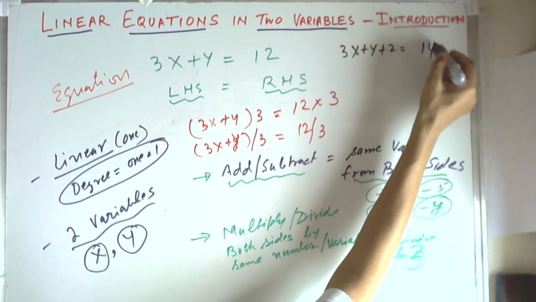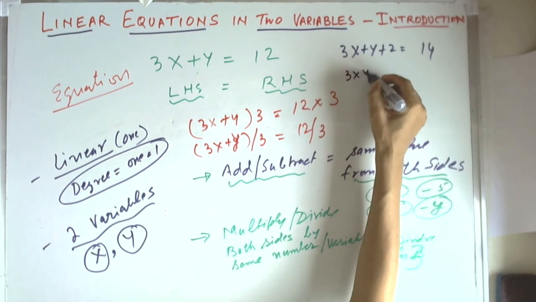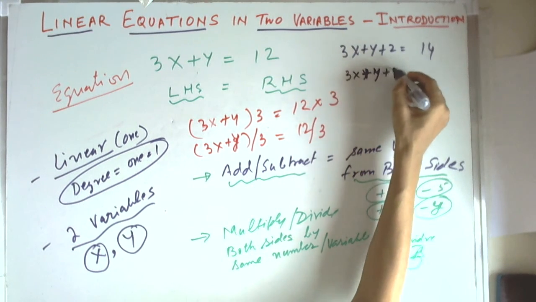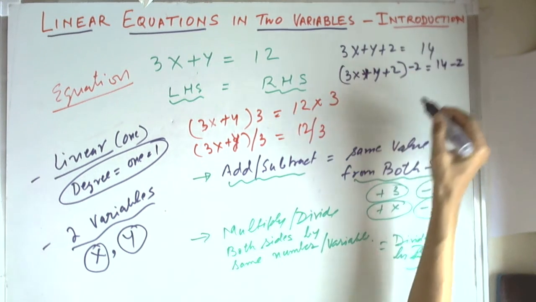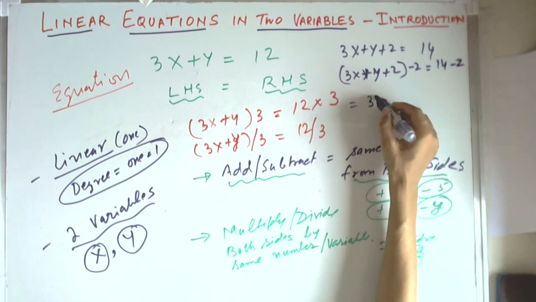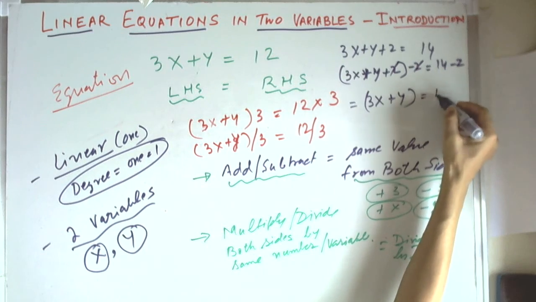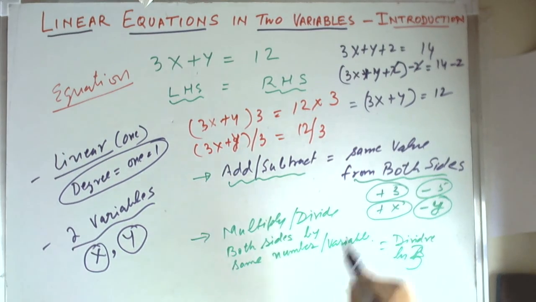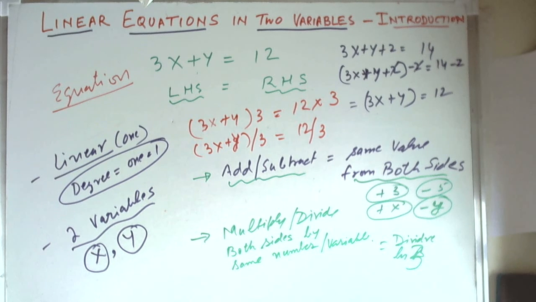So what we can do is we can take 2 to the other side. That would actually mean we subtract 2 from both sides. So this will mean 3x plus y plus 2 minus 2, and from 14 also minus 2. So this will become 3x plus y, because 2 and 2 will get cancelled, and this will become 12. So in a way, if 2 is moved from the left hand side to the right hand side, then the sign changes from plus to minus, but it is equivalent to doing a subtraction.